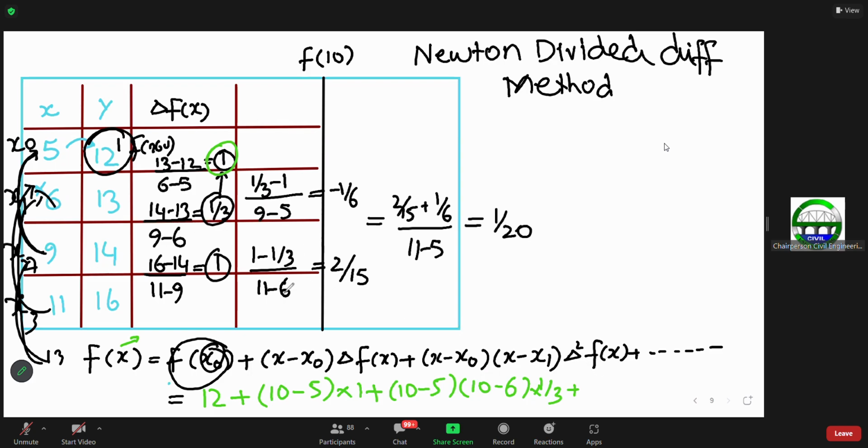Del square f of x, sorry, this is not 1 by 3, sorry. It will be equal to first this one, then this one, and then this one. It will be equal to minus 1 by 6. And then finally, 10 minus 5, 10 minus 6, and 10 minus 9, multiplied by 1 by 20.